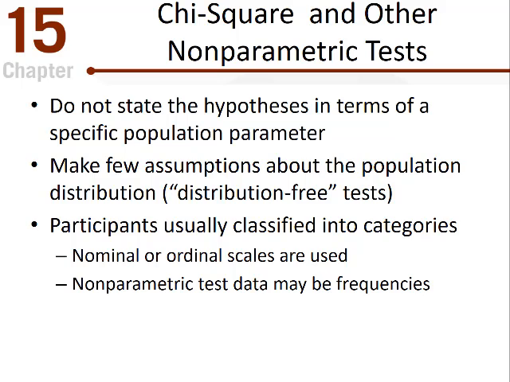Non-parametric test data may also be frequencies. So sometimes it's not easy or possible to obtain interval or ratio scale measurements, or the scores violate parametric test assumptions, or there's a high variance in the original scores, or we have undetermined or infinite scores that cannot be measured, but they could maybe be categorized. Then we can use non-parametric tests like chi-square.